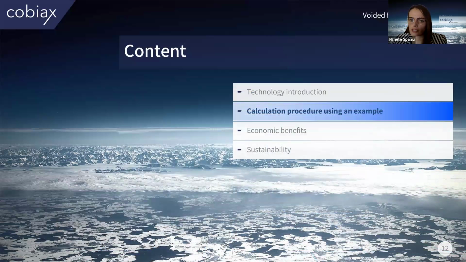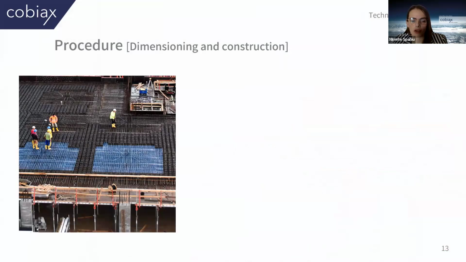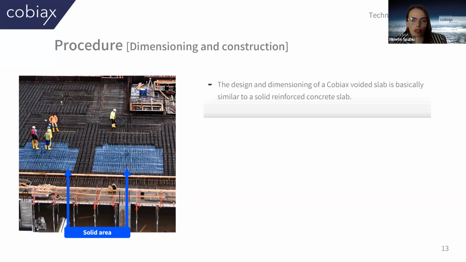So the second content is about the calculation procedure using an example. Just for you to know, we don't place Cobiax void formers all over the slab. We place them just in areas where the shear forces are less than the shear resistance of the Cobiax.